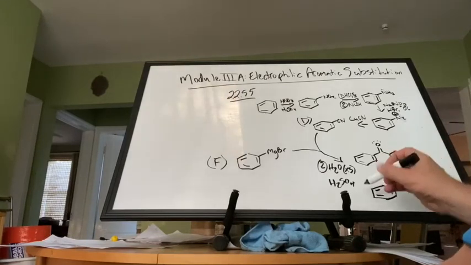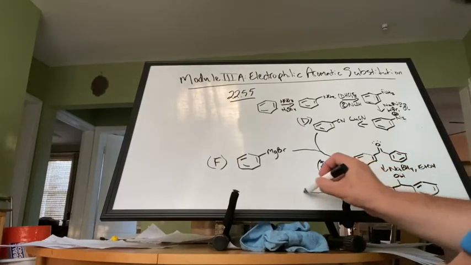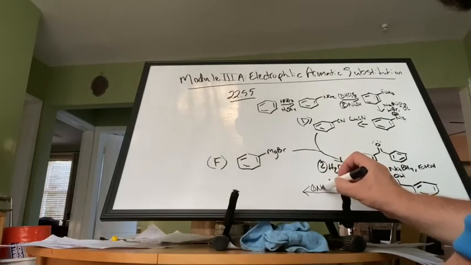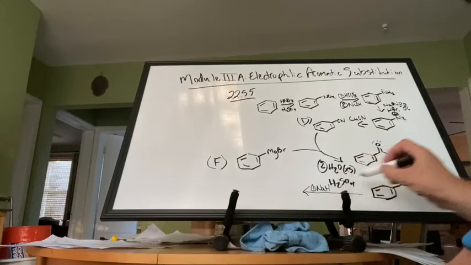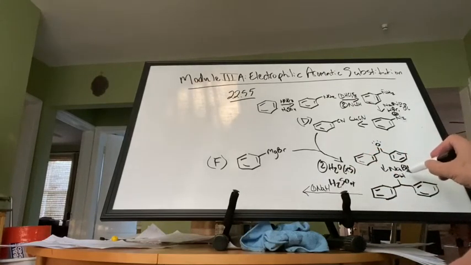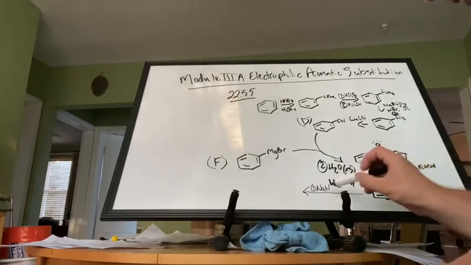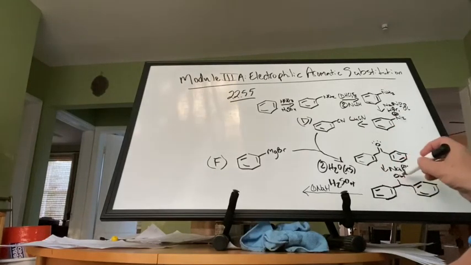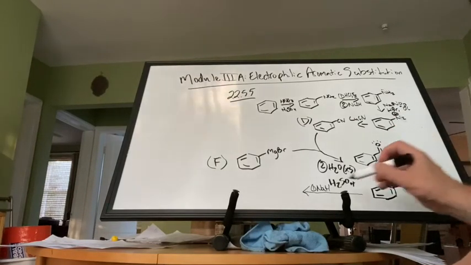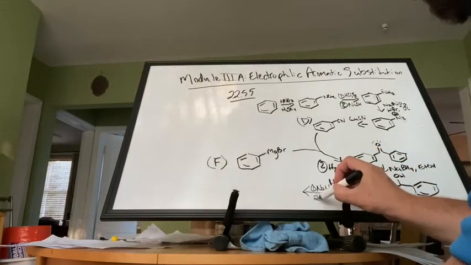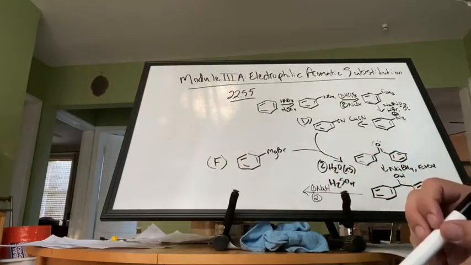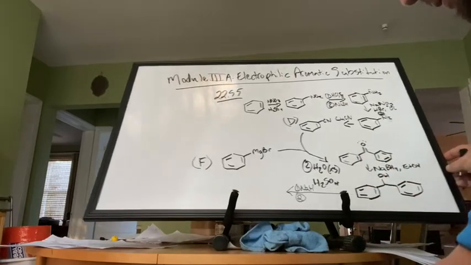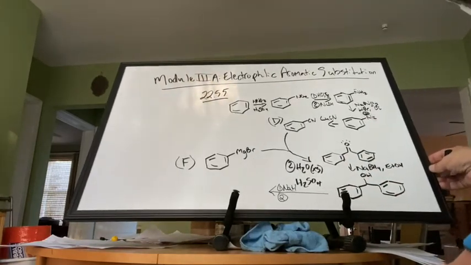All right, last step. The first one, you're going to use NaH, which is going to behave as an irreversible base because it's going to pluck this proton and form H2 gas. Then you're going to have the alkoxide intermediate, which is going to be a good nucleophile. Let me scoot this over so you can see everything.